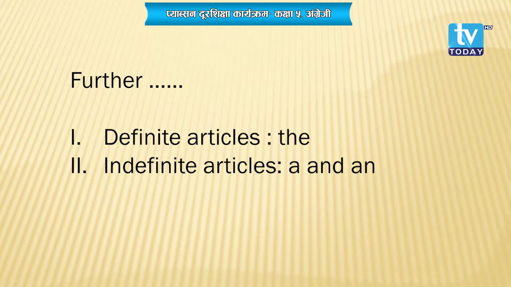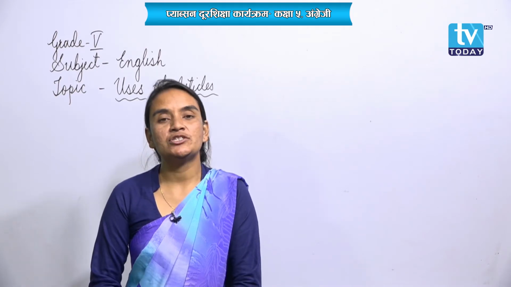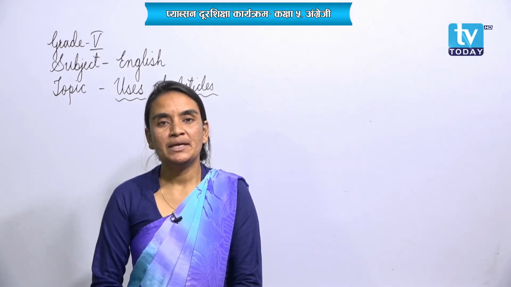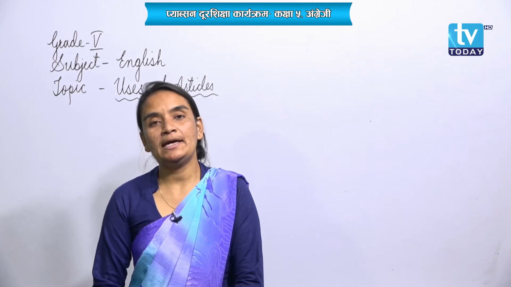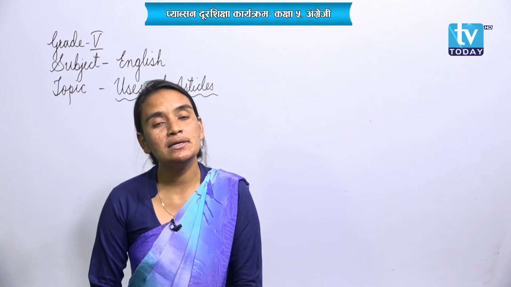Besides that, a and an belong to another group or category, called indefinite articles. They don't have a definite sense to be used. They can be used for any noun, but it has to be identified as a noun.